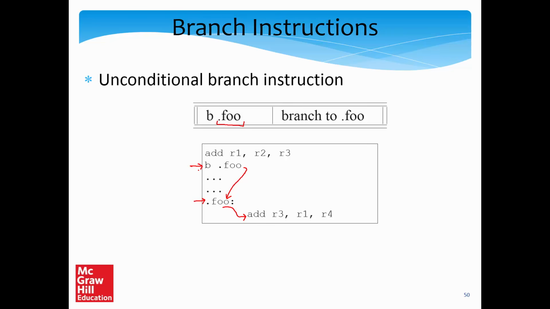The program counter would initially be pointing to this line, and subsequently it will start pointing to that line, and that statement will get executed. The branch statement in assembly is very simple. We just write B and then the name of the label.